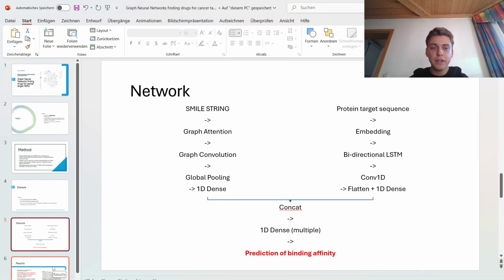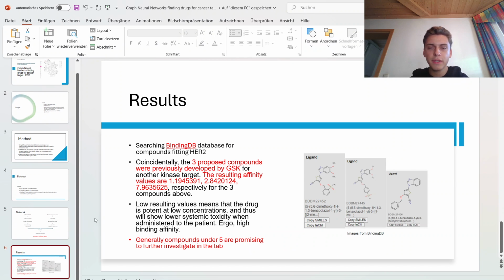And the results were rather interesting. So the search space I expanded to BindingDB, which is a database that scrapes patents, and we found some pretty interesting results.